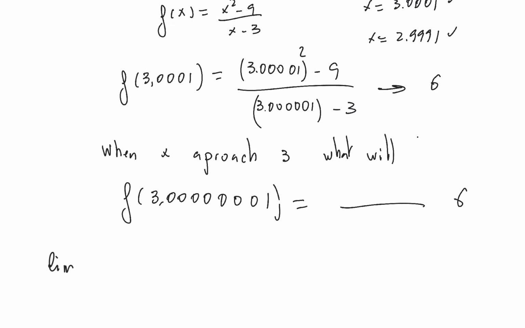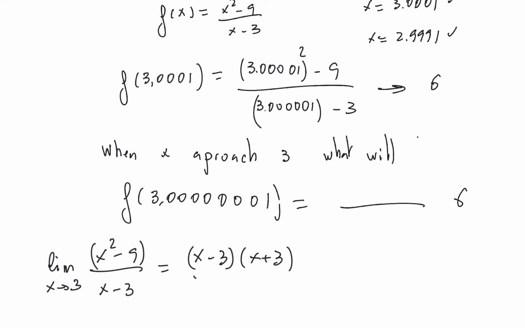So the limit. Let's do the algebra. The limit when x tends to 3 of x squared minus 9 divided by x minus 3 is equal to, now, a squared minus b squared is a minus b multiplied by a plus b. This means that x squared minus 9 is x minus 3 multiplied by x plus 3, divided by x minus 3.